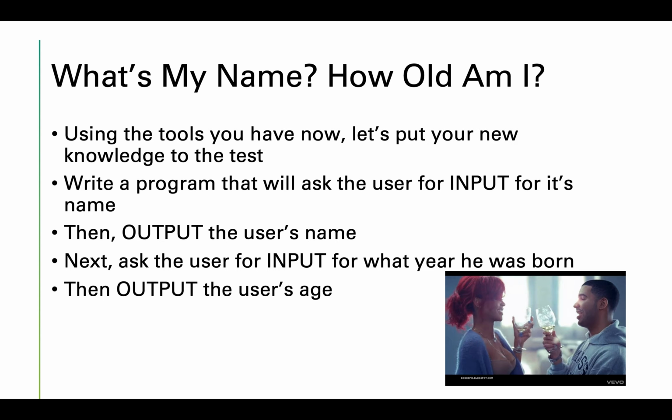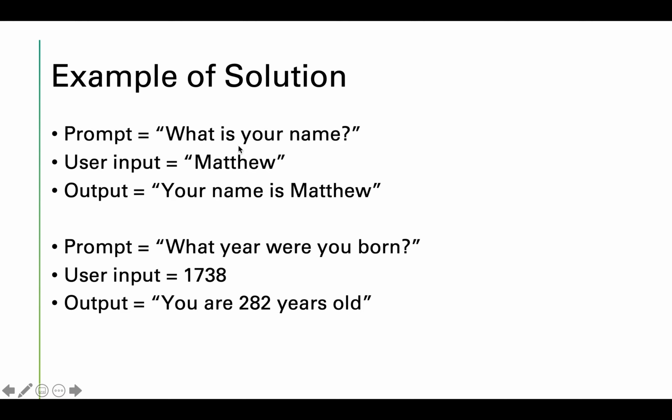Well, that's some simple math. And here's an example of a solution. "What's your name?" User inputs Matthew. You output "your name is Matthew." Here's the second part. Prompt: "What year were you born?" User input 1738. Output: "You are 282 years old."